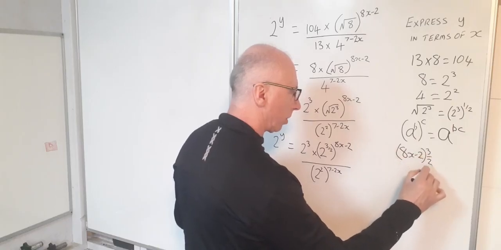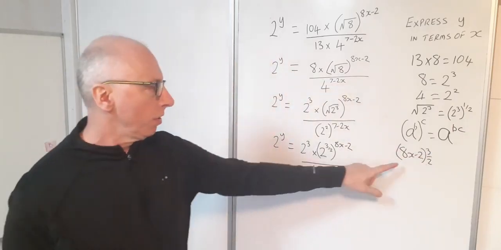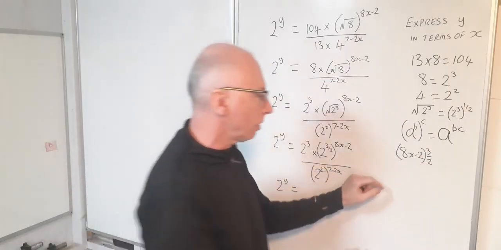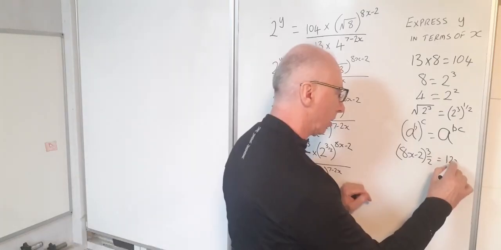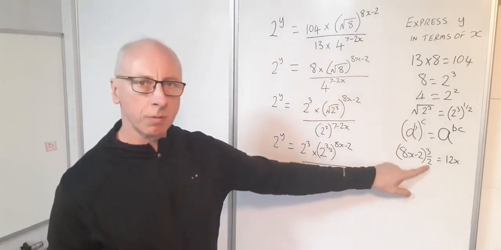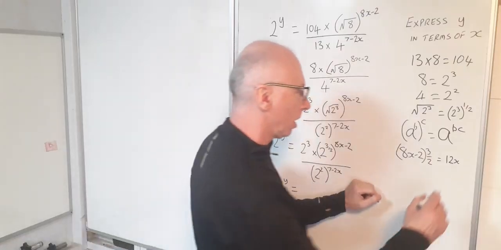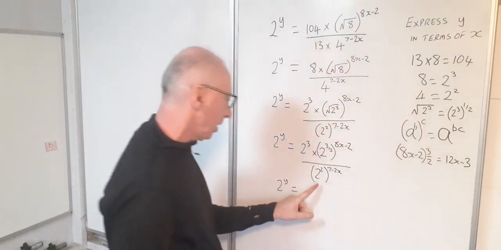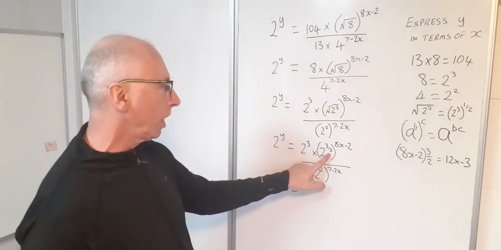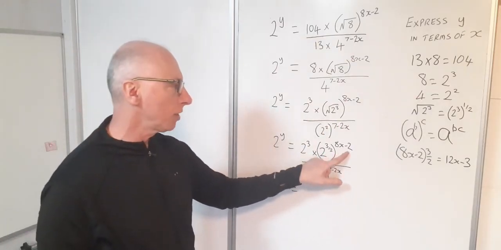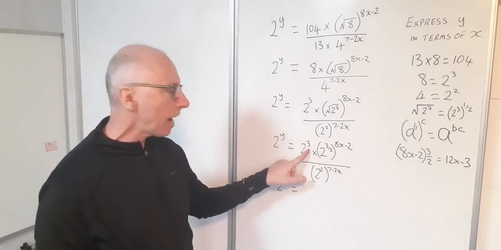Times 3 over 2. Well, 3 eighths of 24 divided by 2 is 12, so it gives me 12x. And then minus 2 times 3 over 2, 2 threes are 6, divided by 2, that gives me 3. So I've got 12x minus 3. So this numerator here is 2 to the power of 12x minus 3, and then I can here add 3.